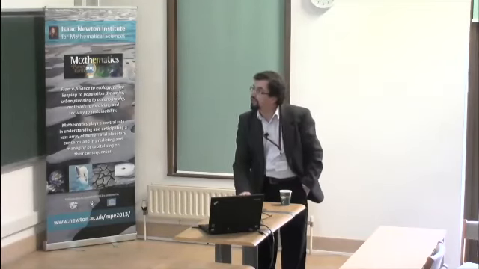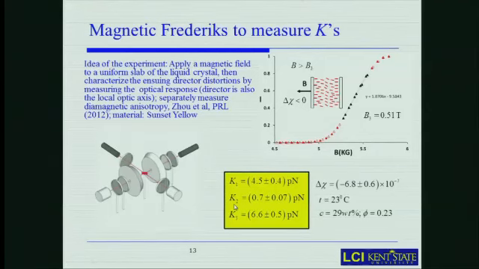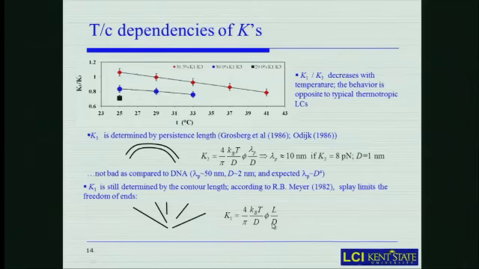The only thing of interest at this stage is probably that K2, the twist elastic constant, is much smaller than the splay and the bend constants. And then if you continue the measurements for different temperatures and for different concentrations, you can plot how, for example, the ratio of the splay constant to the bend constant changes with temperature.